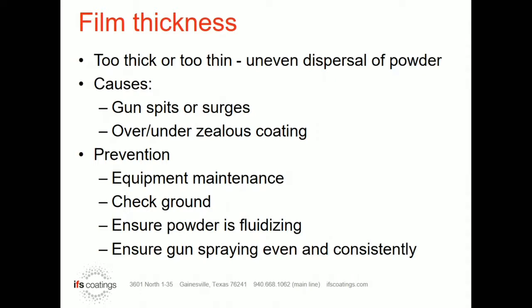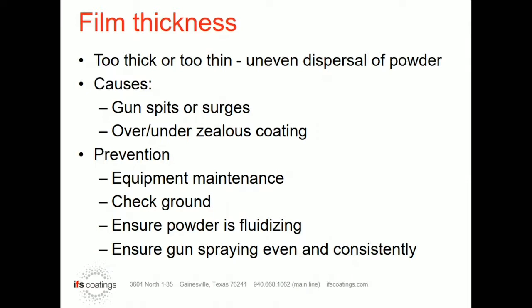Too much film build. If you have your settings where you have too much powder coming out, you can get some people call them surges, some people call them gun spits, but that can be a small area, the size of a pencil head, or that can be an area the size of a quarter. Depends on how much surge comes out of the gun.